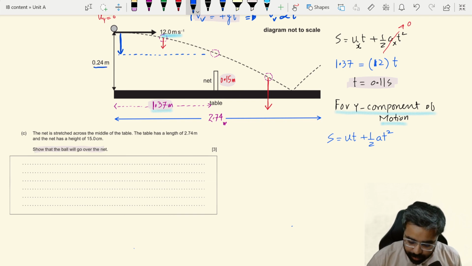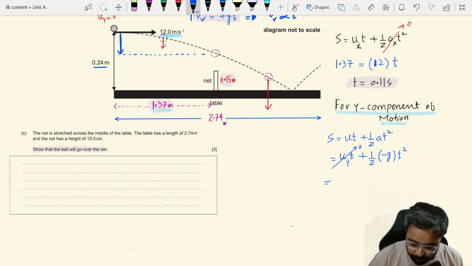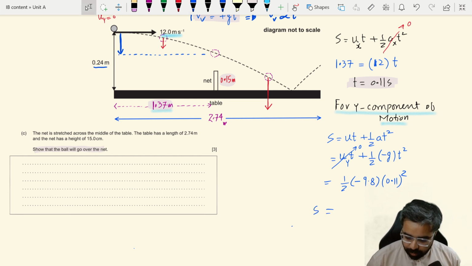Okay, so let's find it. Initial vertical component of velocity plus 1 over 2 into negative g into t squared. You know that this is 0, and 1 over 2 into negative 9.8 into 0.11 squared. Let's find the displacement. That should be a negative value. Okay, so this is negative 0.06 meter, which means 6 centimeters.